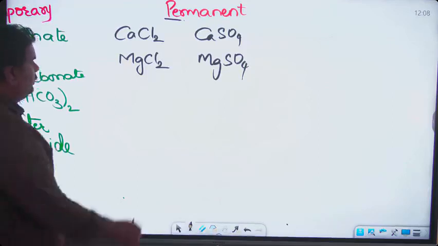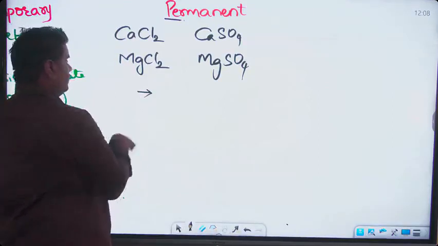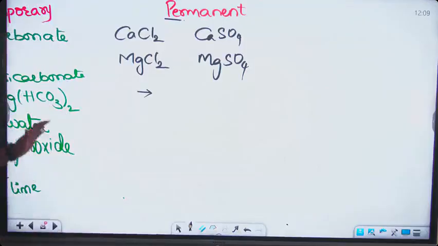So how do we remove this? To remove temporary hardness we have two methods: one is boiling of water, and the second is addition of slaked lime. Then how do we remove permanent hardness?